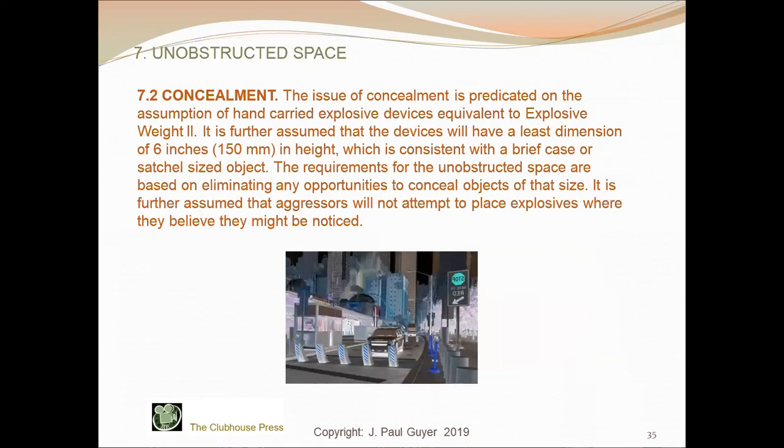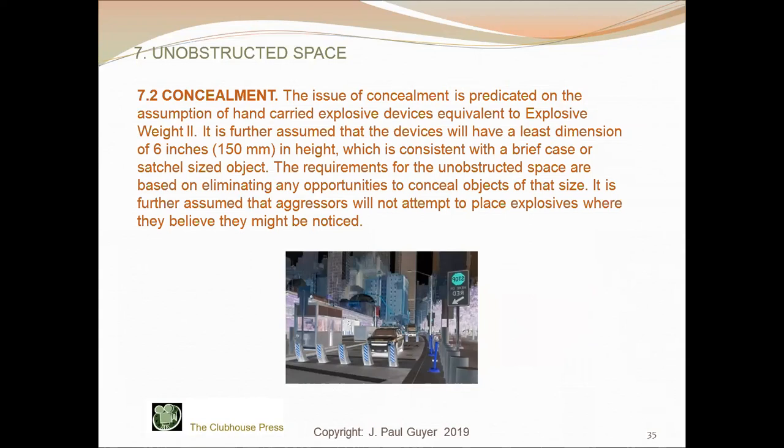The issue of concealment is predicated on the assumption of hand-carried explosive devices equivalent to explosive weight 2. It's assumed that an explosive device will have a least dimension of 6 inches, which is consistent with a briefcase or satchel-sized object.